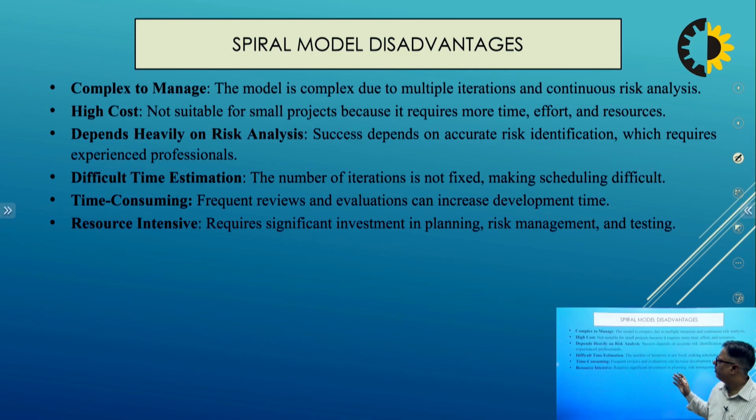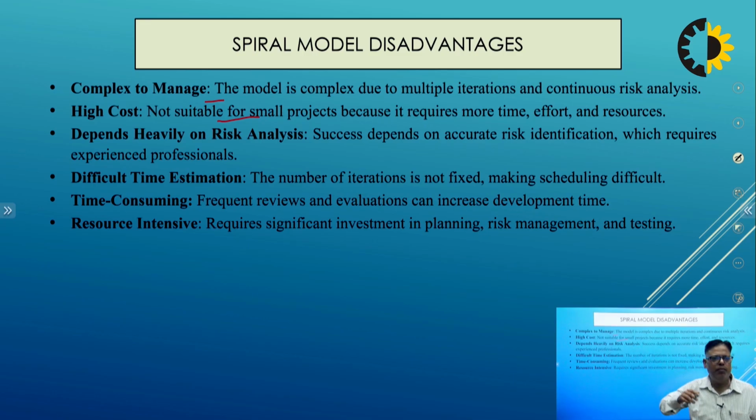Some disadvantages of the spiral model. It is very complex to manage due to multiple iterations and continuous risk analysis. We have to manage all the documentation, so it brings complexity and high cost.